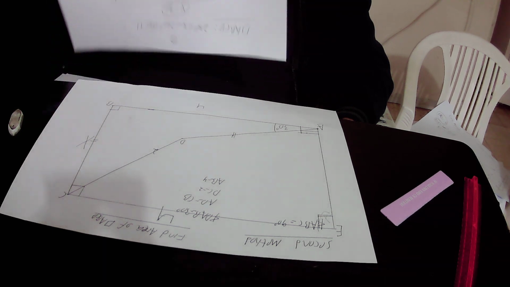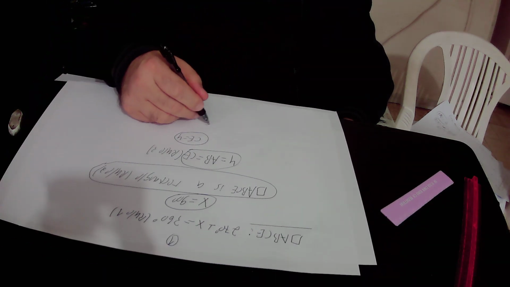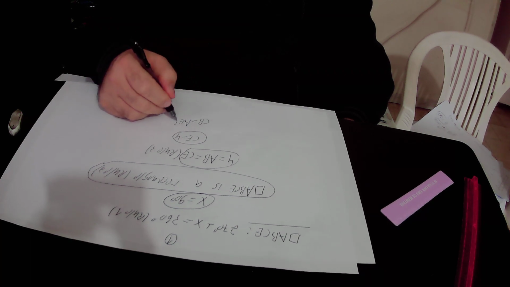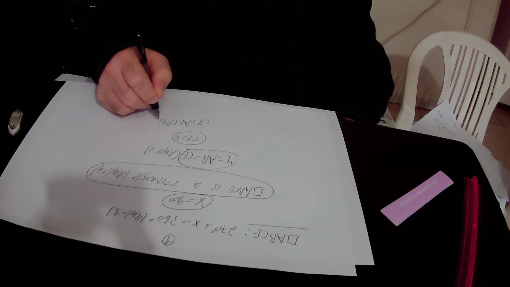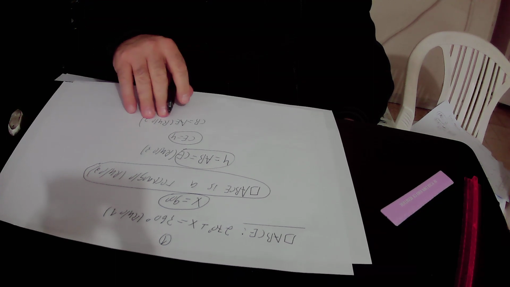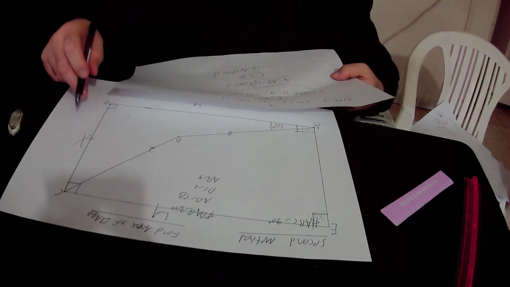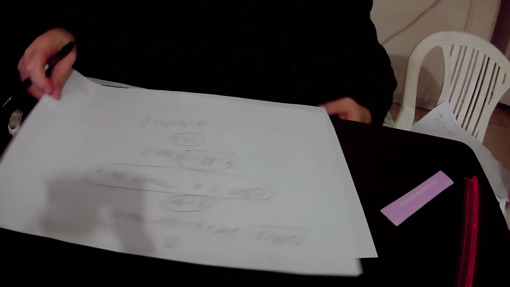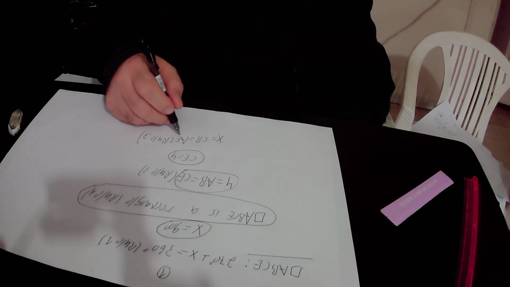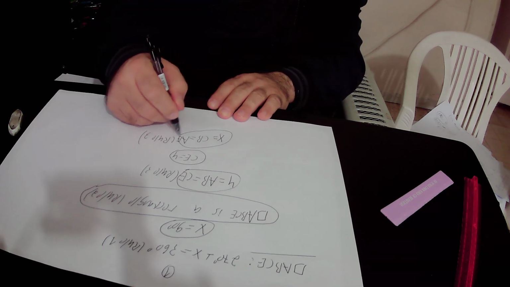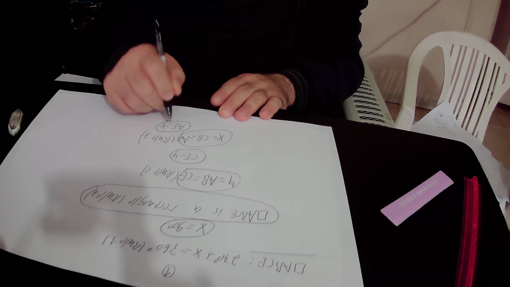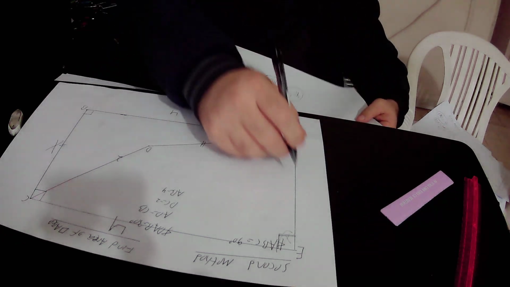So CB equals AE, according to rule number 3 that the opposite sides of a rectangle are equal to each other. But according to our definition, CB equals X, and from this equation we will derive that AE also equals X.